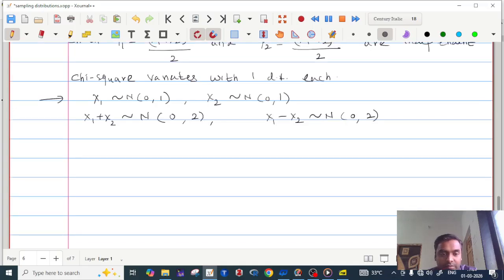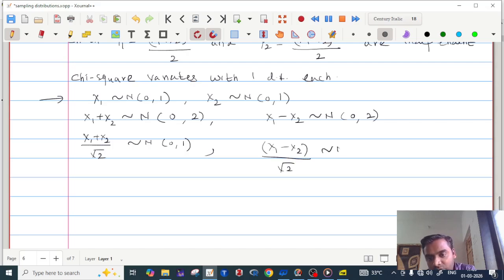Now standardize this. (x1 plus x2) minus 0 divided by under root of 2 follows normal, and (x1 minus x2) minus its expectation 0 divided by standard deviation under root 2 follows normal 0, 1.